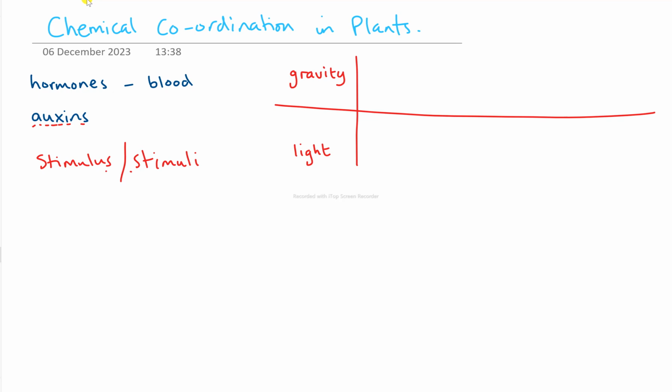So what happens is when you've got a seed, the roots will head off down and the shoots will head off up. Right. The roots have a positive geotropism.